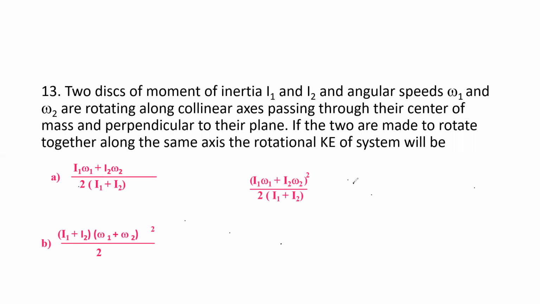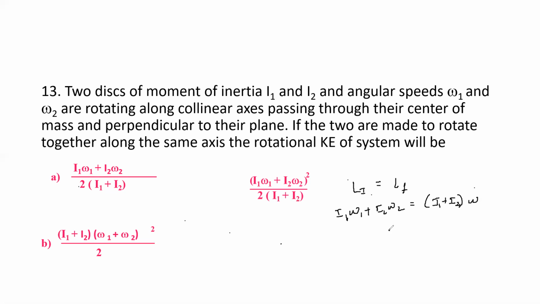Li is equal to Lf, that is, initial angular momentum is equal to final angular momentum. So let us write the equation: I1 omega 1 plus I2 omega 2 is equal to I1 plus I2 into omega.